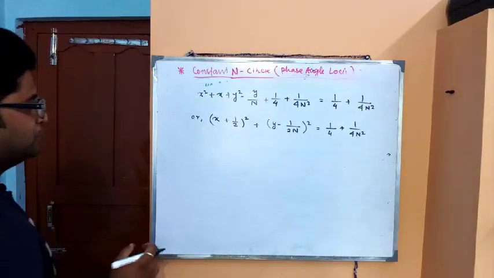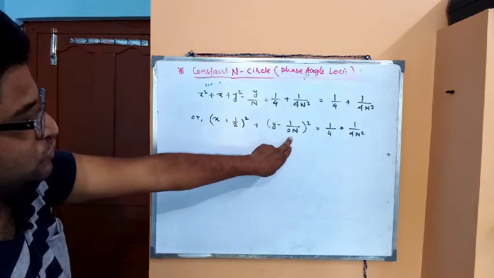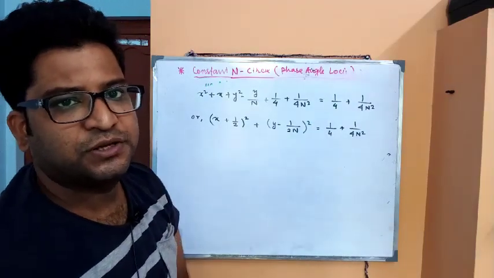Okay. So from this expression we can clearly observe that these are the coordinates of the circle, and the root of this thing is nothing but the radius of the circle.